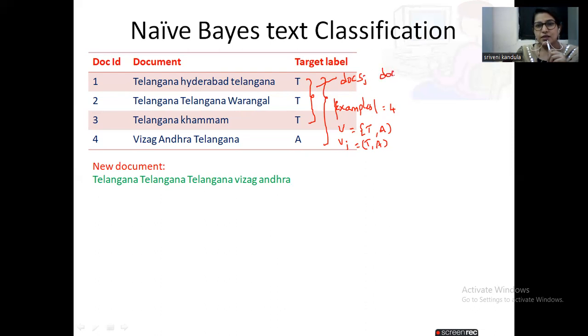Let me write it as docs 1, and the number of documents that you have under this is 3. Similarly, with target label A, let us call this docs 2, and the number of documents that we have here in this example is only 1.